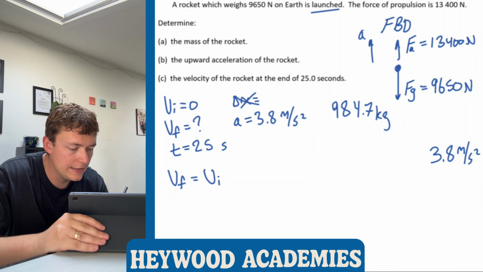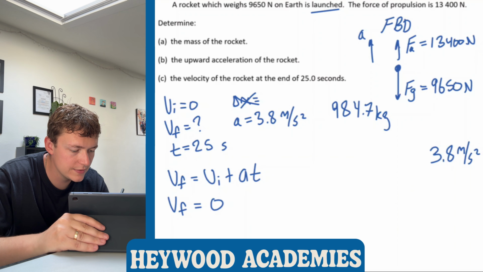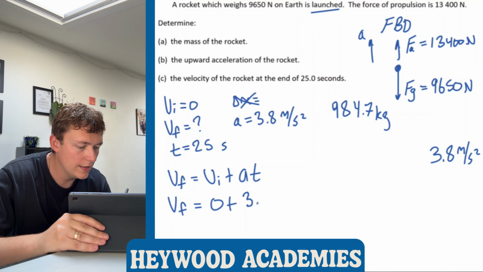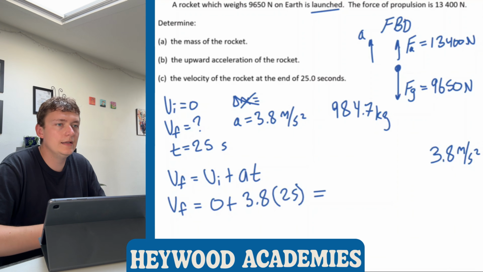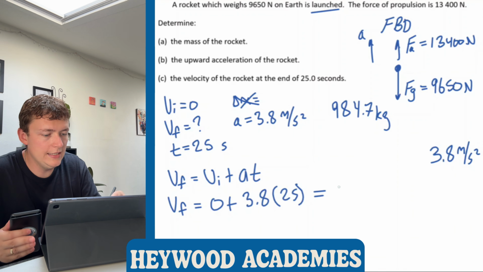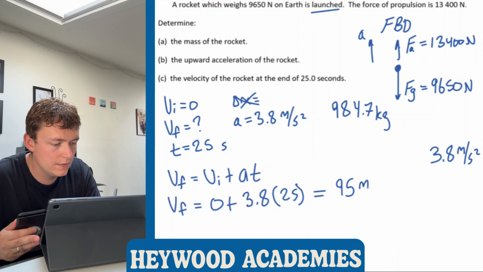Final velocity is initial velocity plus at, and then we can plug in the numbers they gave us: 0, 3.8, 25 seconds. I'll plug that in to get our answer here: 95 meters per second.